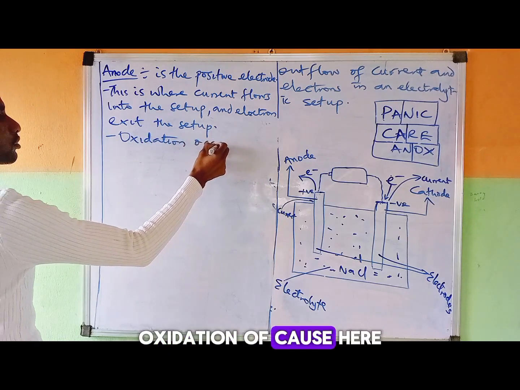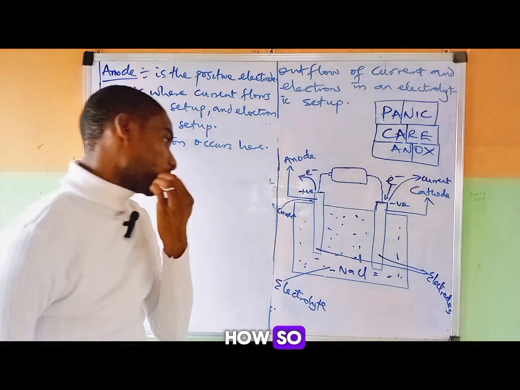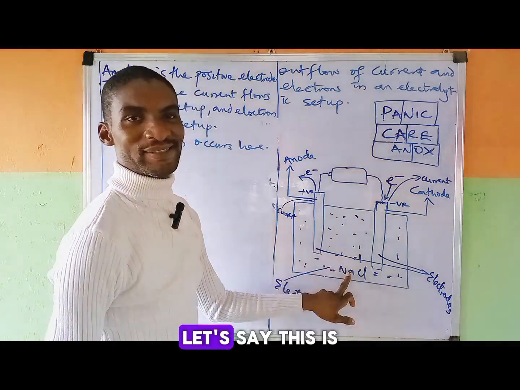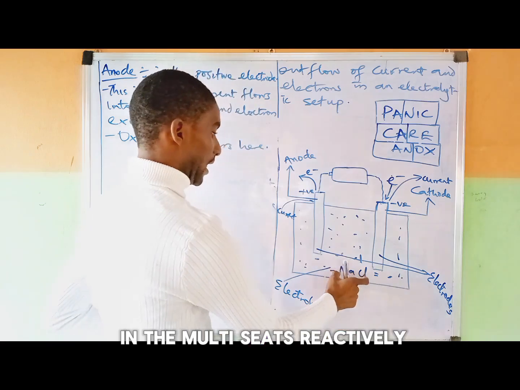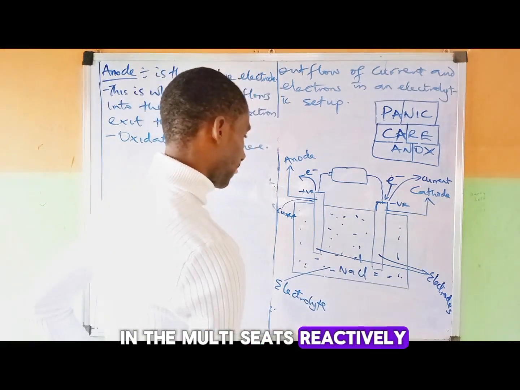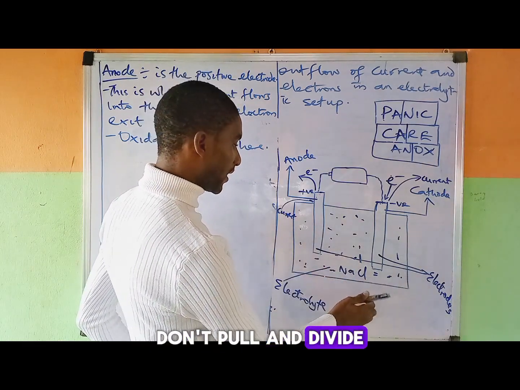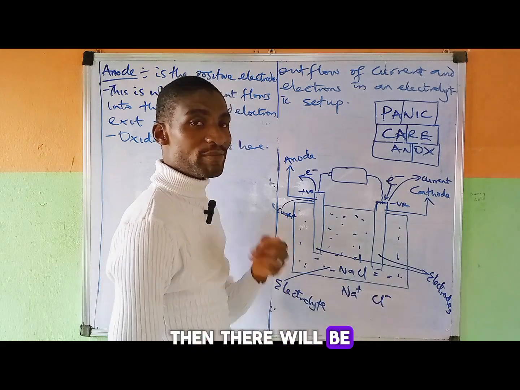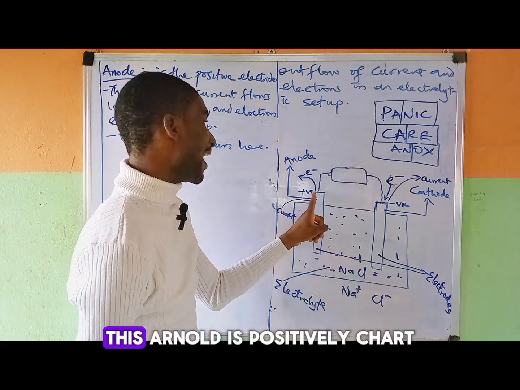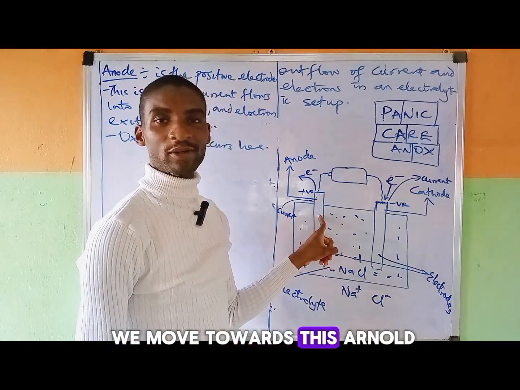Number two, oxidation occurs here. How? Let's say this is just sodium chloride in the molten state. By the time current flows in here, this sodium chloride will divide into Na+ and Cl-. Then there will be a migration. This anode is positively charged, so one of these will move towards it. Which one?